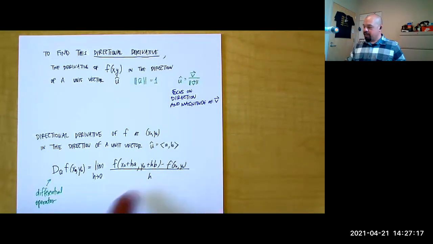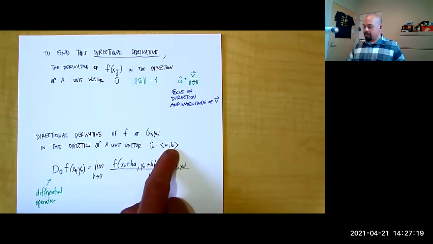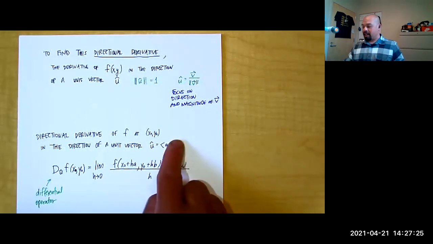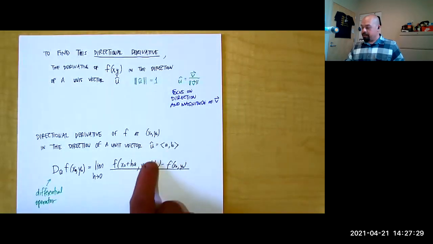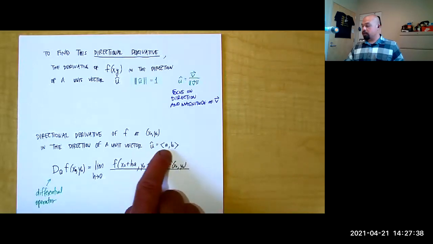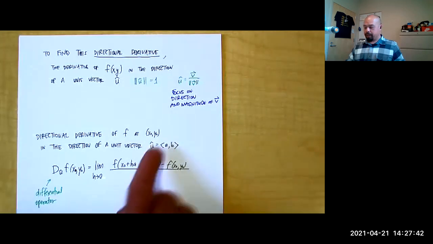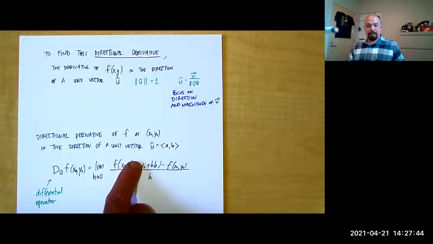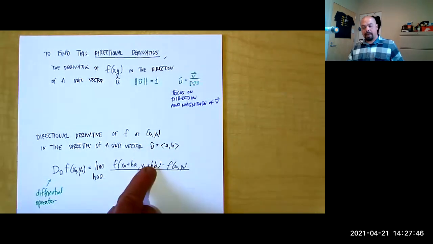And if I let that b be 0, for instance, if this is really just a vector in the x direction, 1, 0, then this becomes just like our partial with respect to x, right? If this is a unit vector solely in the y direction, the j direction, 0, 1, for instance, then that becomes that partial with respect to y.